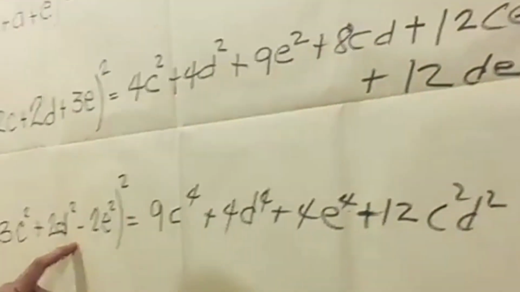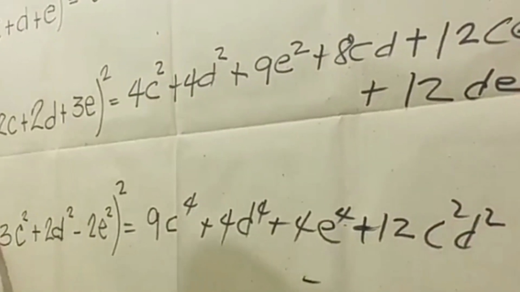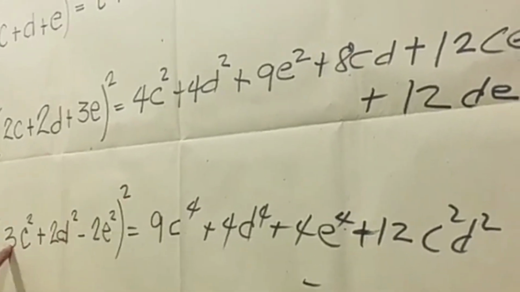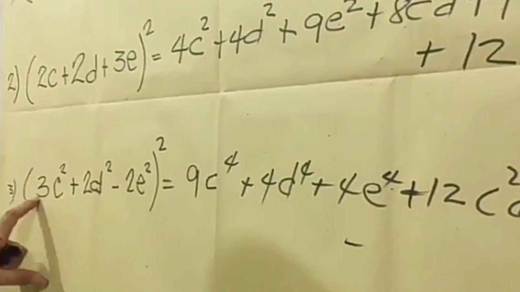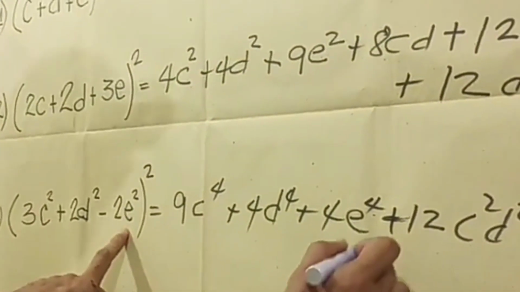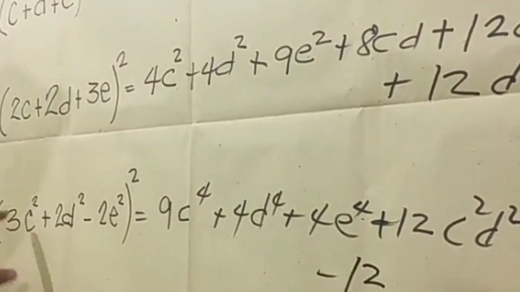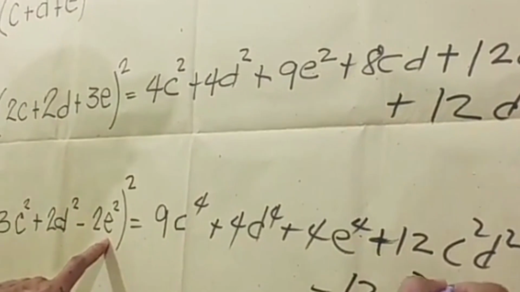Positive times negative, so the answer is negative. Then multiply 2 times 3 times 2. Okay, 2 times 3 is 6, times 2 is 12. And the variable C and E copy only, C squared, E squared.